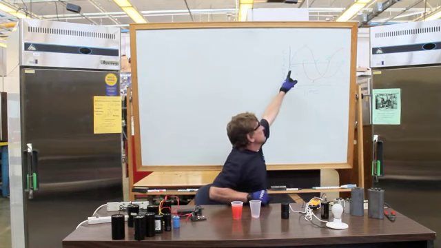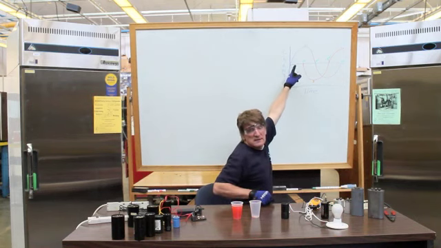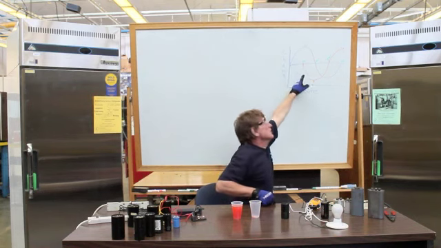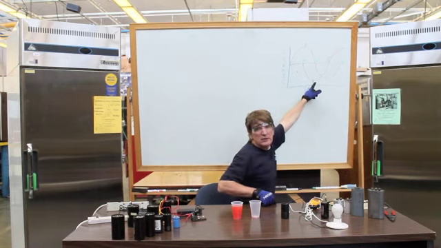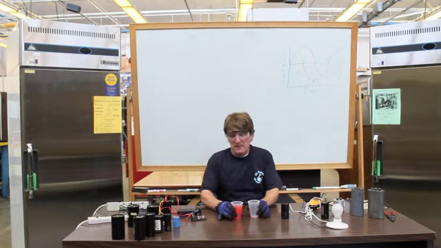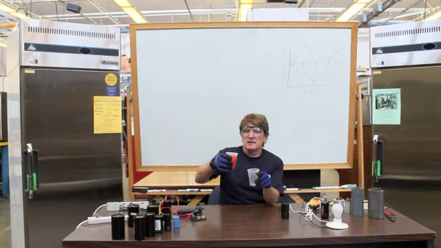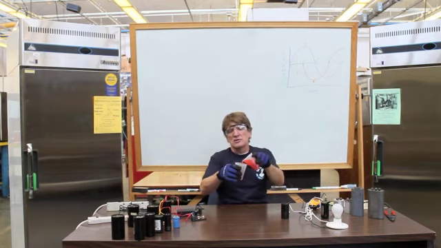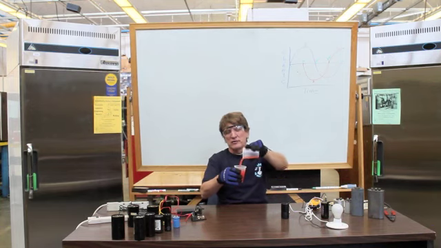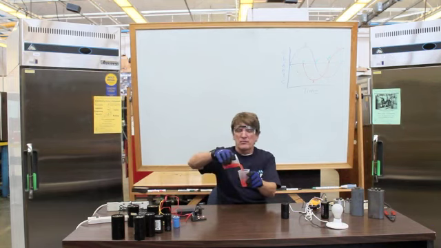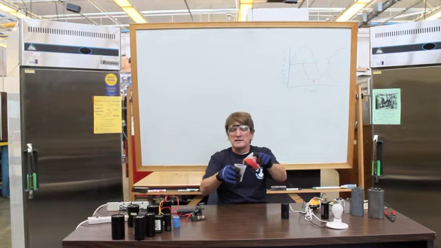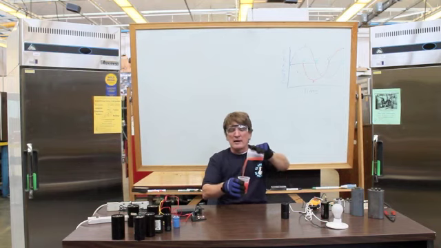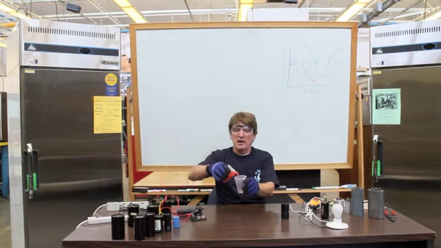So as my voltage goes up, now the capacitor is fully charged and now I can have my current going out. This is the back and forth motion of charging and discharging that capacitor, and this will continue as long as I have power applied.